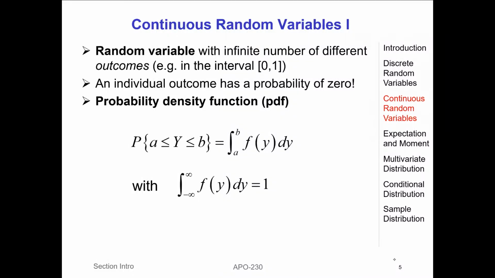Okay, now we move on to continuous random variables. Contrary to discrete random variables, in this case we have an infinite number of possible outcomes, even within a very narrow interval between 0 and 1, or I could make it smaller, between 0 and 0.1, still an infinite number of outcomes.